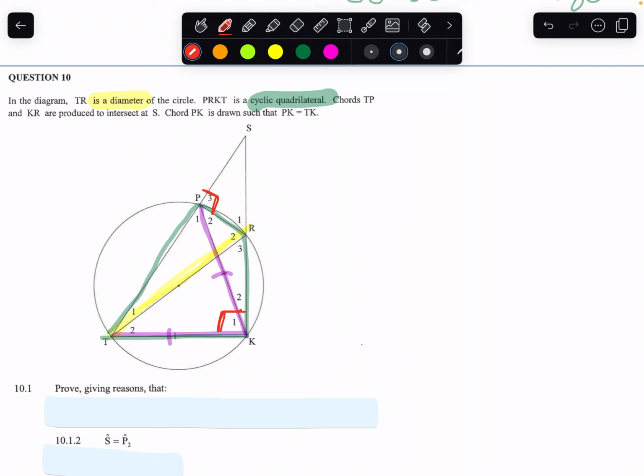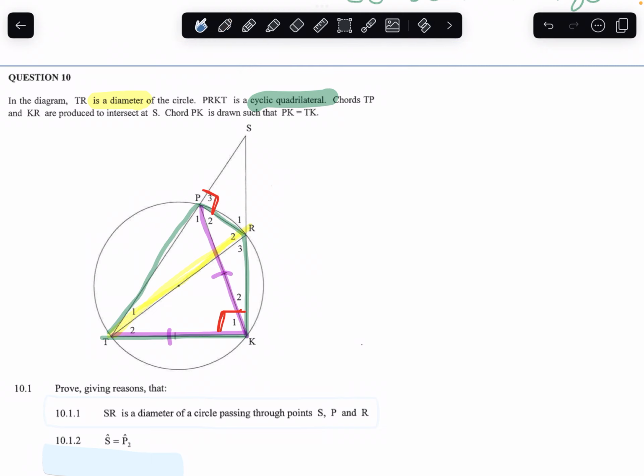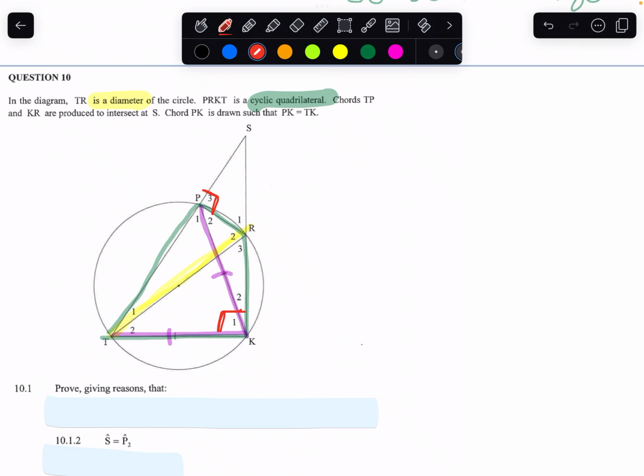Right, okay. Then we are asked to show that angle S is equal to angle P2.